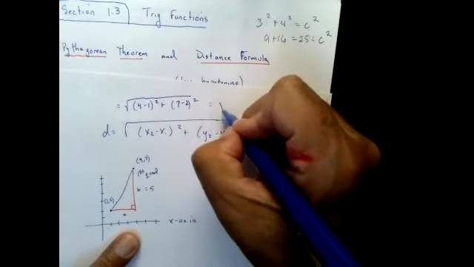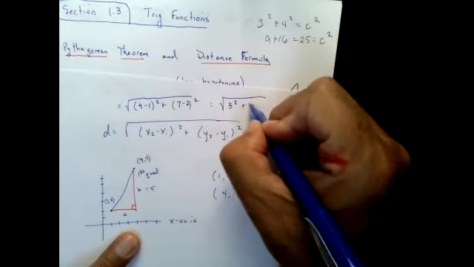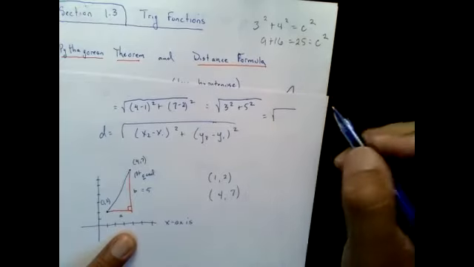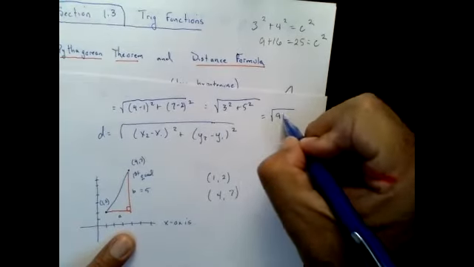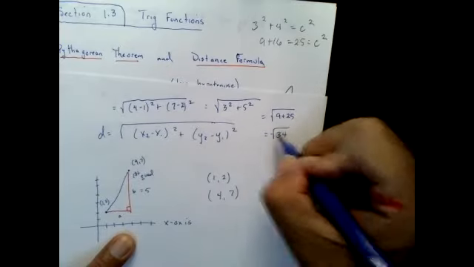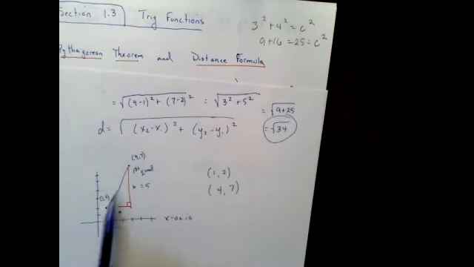So the distance equals the square root of 3 squared plus 5 squared, which equals the square root of 9 plus 25, which is the square root of 34. That's that distance.